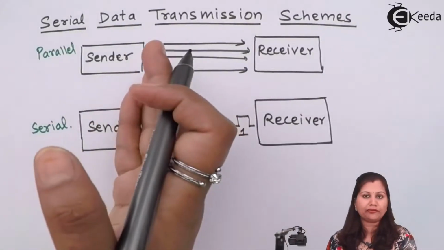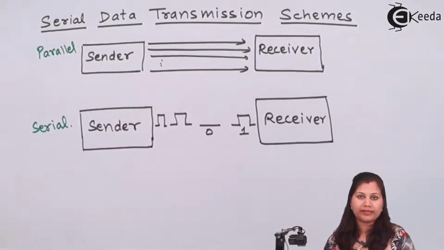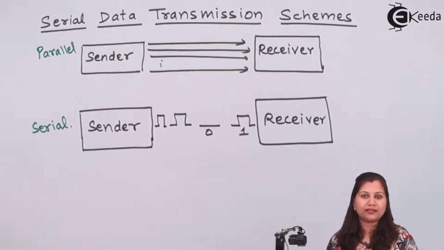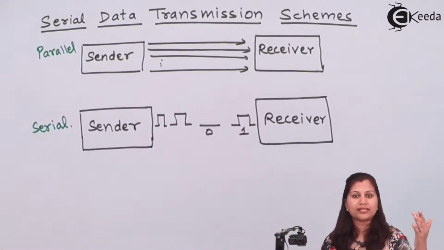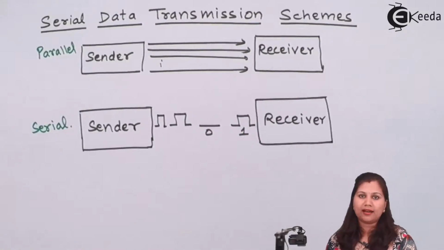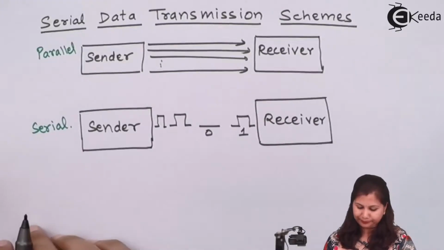So more lines or cables are required, whereas in serial only a single line is required. So whenever we are transmitting data over long distances, we prefer serial data communication.